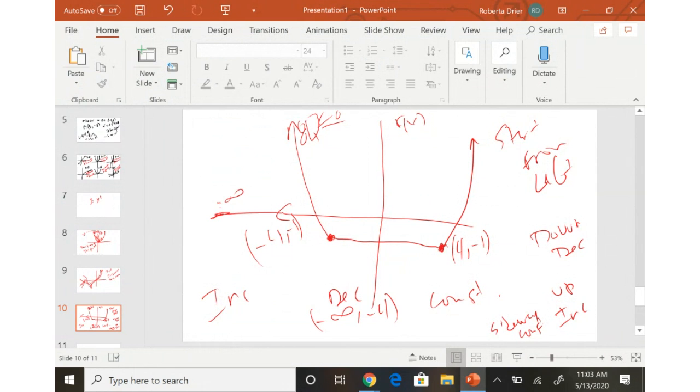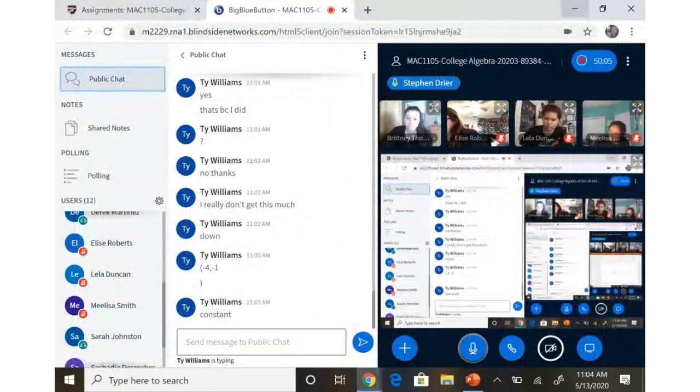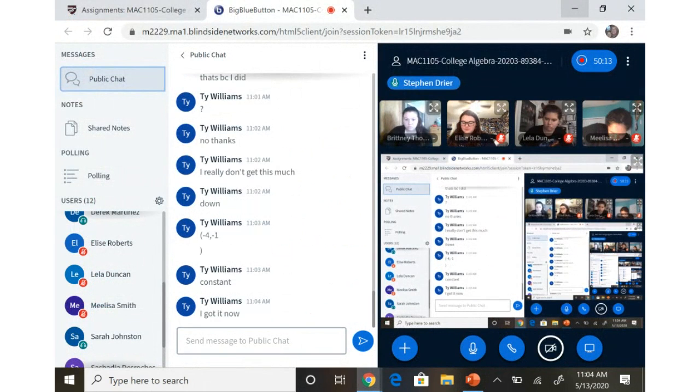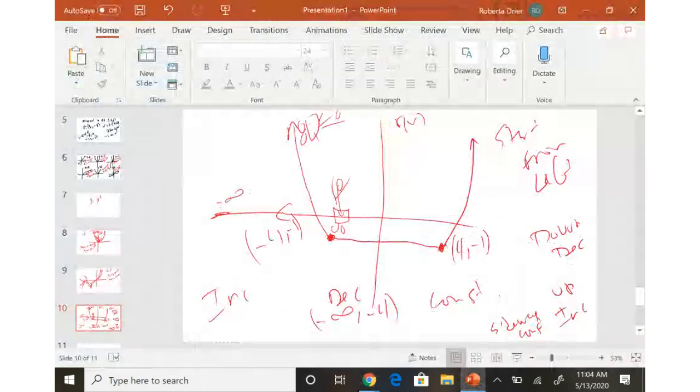Now, once I get to this point, what happens with my car? Ty, does it go up, down, or sideways? It's constant, right? So from -4 until some other point, it's constant. All right, so -4 to 4, it's constant.